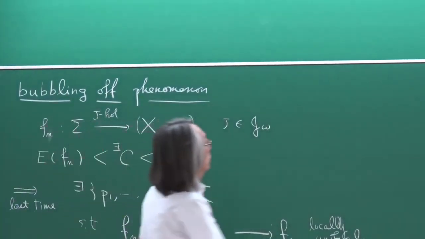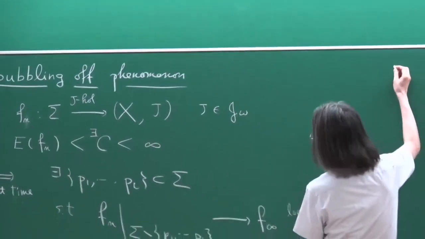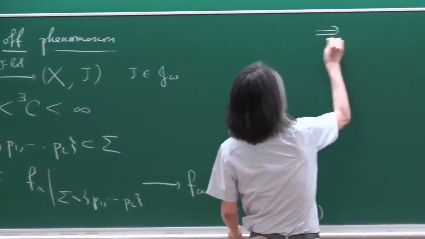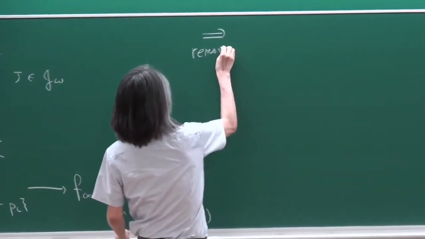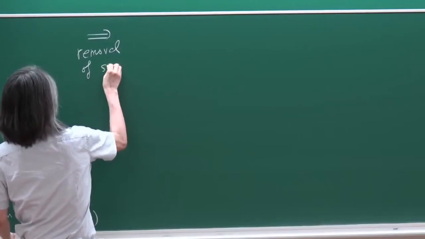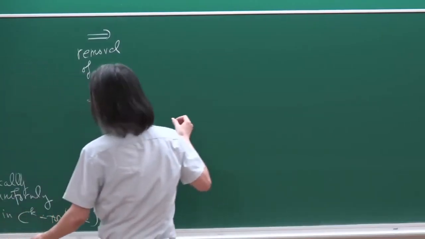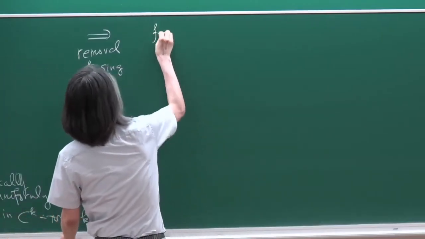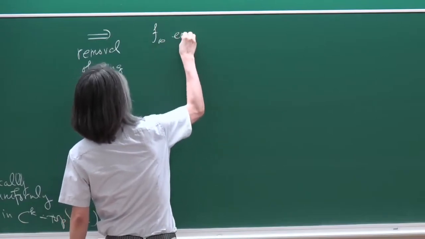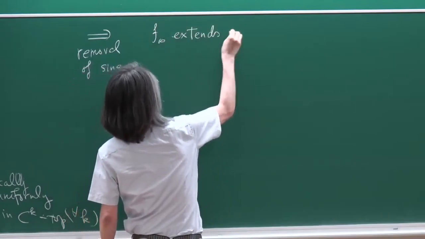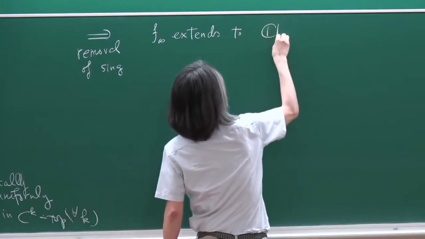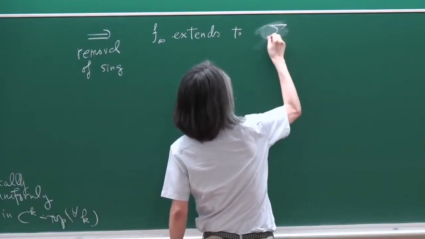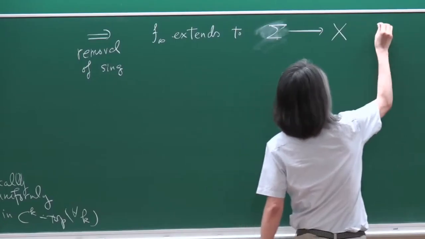And then I also said that by the removal of singularity theorem, we can also see that this F infinity actually extends to a map from CP1 to X, a J-holomorphic curve.